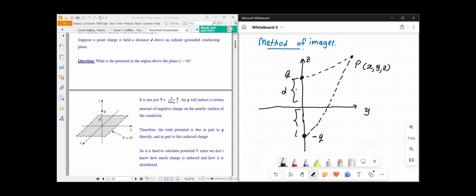Also, if this positive charge is located at a distance d above this xy plane, then the negative q charge is located at a distance d from the xy plane.